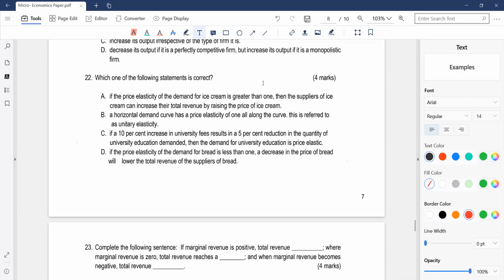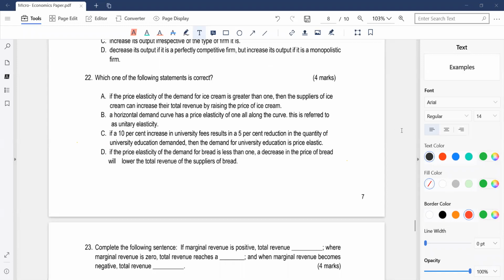Let's go to B. A horizontal demand curve has a price elasticity of 1. Never. It is not a horizontal demand curve that has an elasticity of 1. Okay.